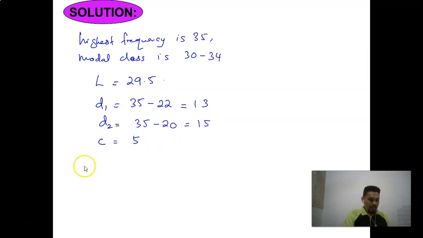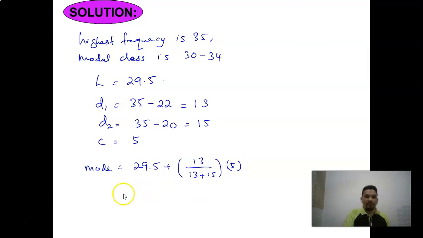So then the mode equal to 29.5 plus D1, 13, over D1 plus D2, 13 plus 15, multiplied with the size of the class, which is 5. Use a calculator and it gives you 31.8.